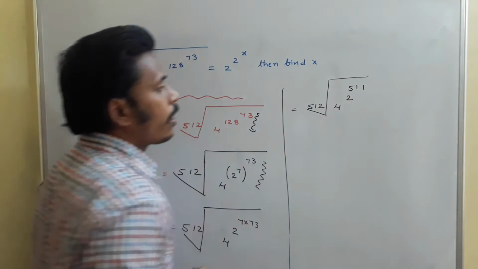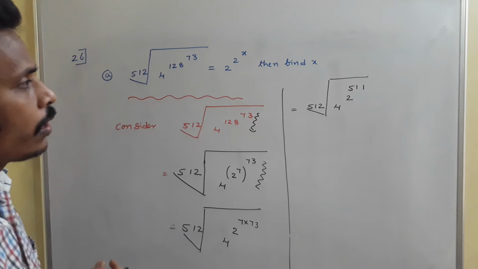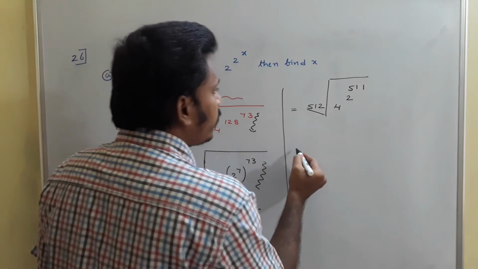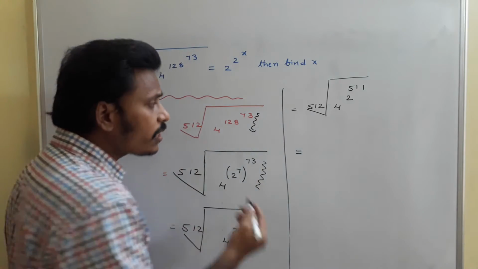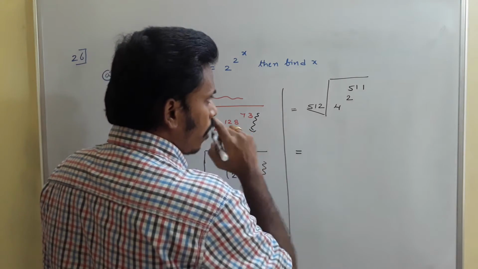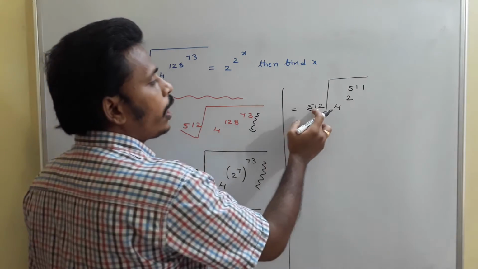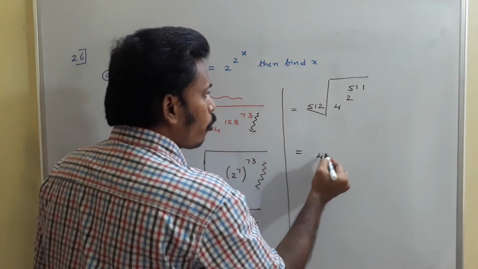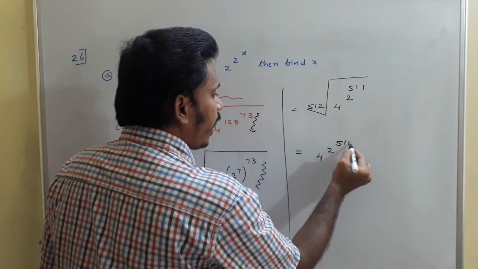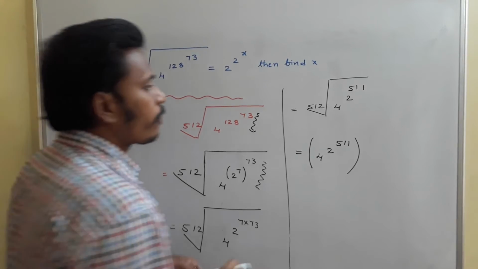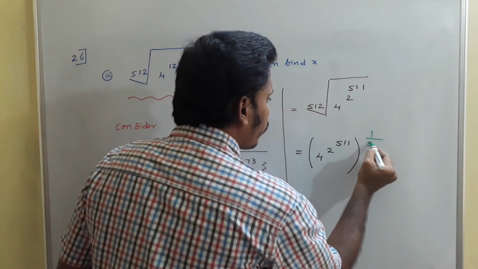So this is 4 power 2 power 511. The simplification of this part is clear. Now I need to eliminate this 512th root. So 4 power 2 power 511, and this whole part to the power 1 by 512.